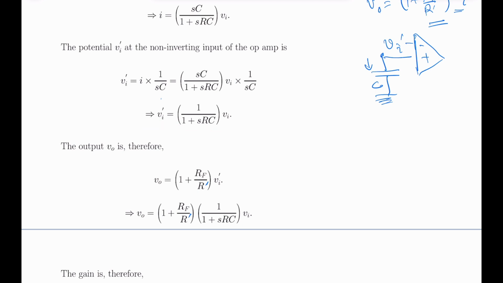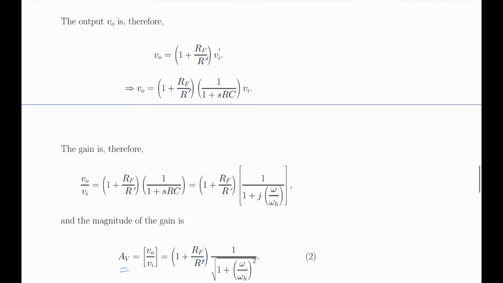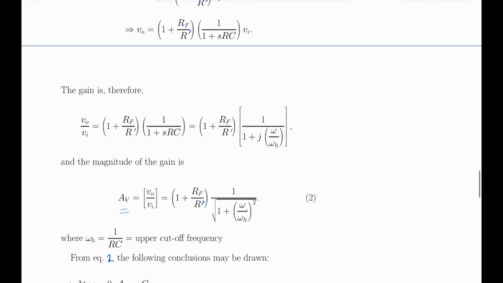So the output V0 is 1 plus Rf by R dash into Vi dash. Put the value of Vi dash here. So we get V0 is 1 plus Rf upon R dash into 1 by 1 plus SRC into Vi. So the gain is V0 upon Vi.